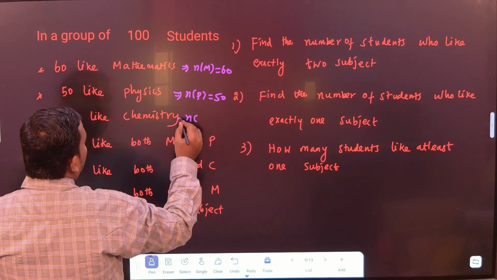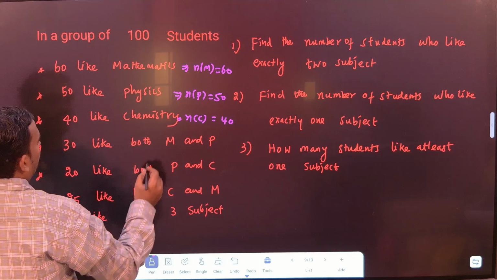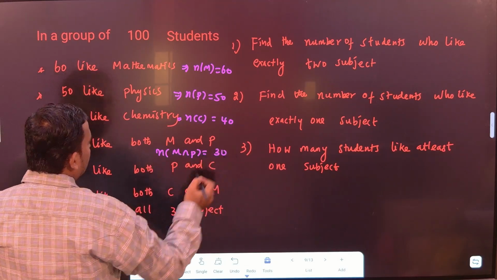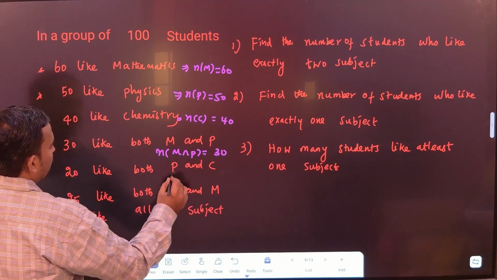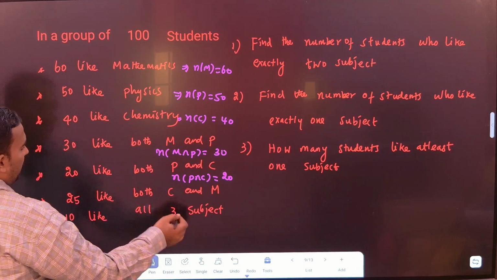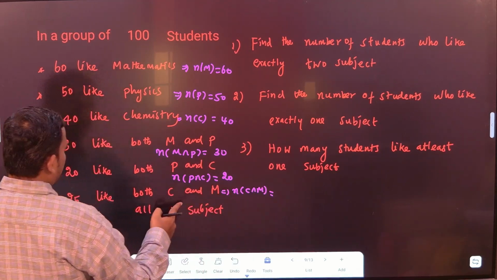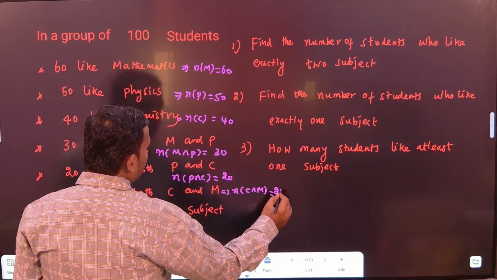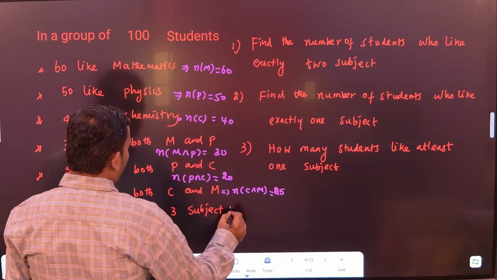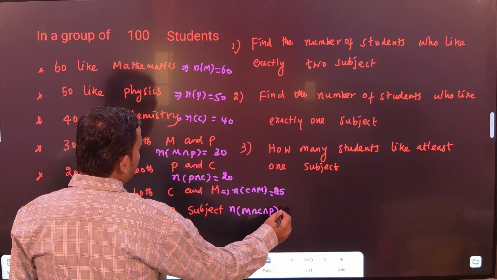C is chemistry, n of C is 40. n of M intersection P is 30. n of P intersection C is 20. n of C intersection M is 25. And for all three subjects, n of M intersection C intersection P is 10.